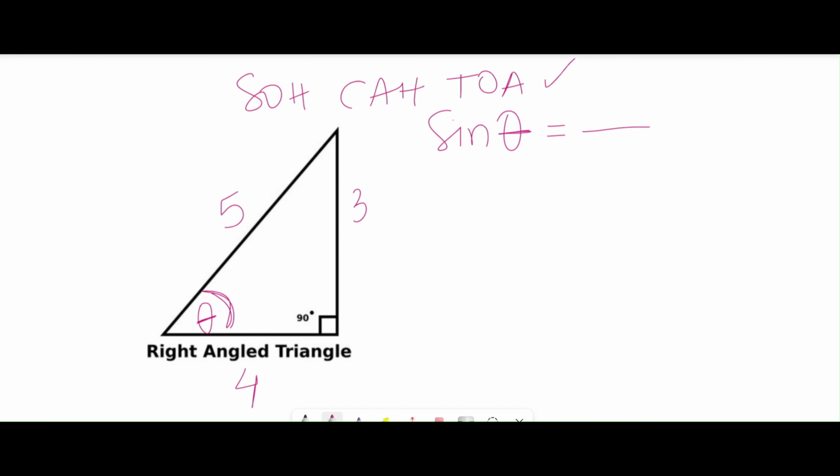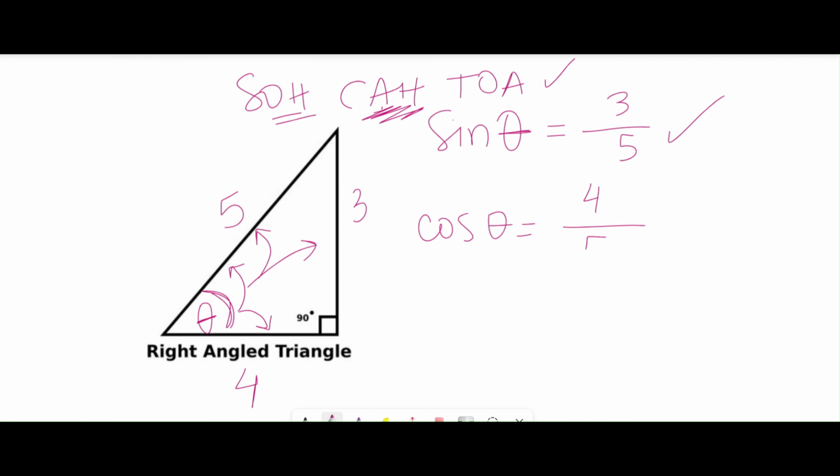So, sine of our angle is opposite over hypotenuse, 3 over 5. Done. Cosine will be adjacent over hypotenuse.